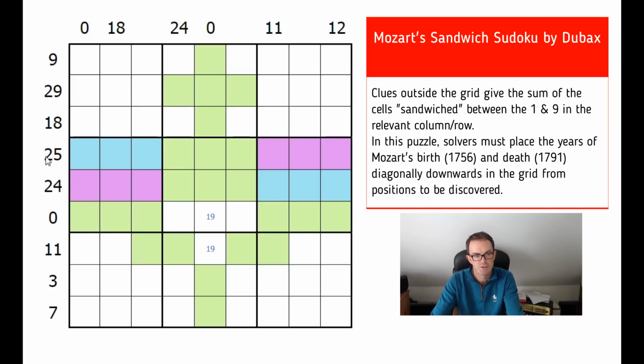Well, 10 would require 2 digits, 11 would require 2 digits. So if there was a 1 and a 9 in both of those squares, there would have to be a 1 or a 9 in both of those squares as well, and that breaks the 11 total. So there's definitely not a 1 or a 9 in this square.